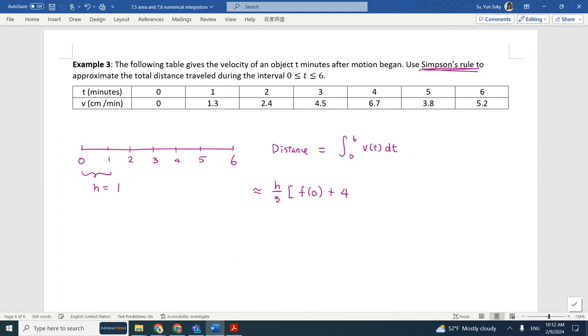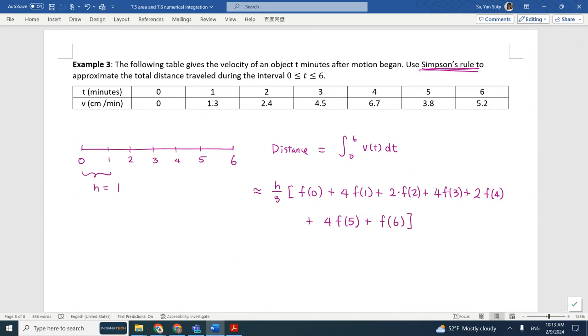So 4 copies of f of 1, plus 2 copies of f of 2, plus 4 copies of f of 3, and 2 copies of f of 4, and 4 copies of f of 5, and the last one is 1 copy of f of 6.